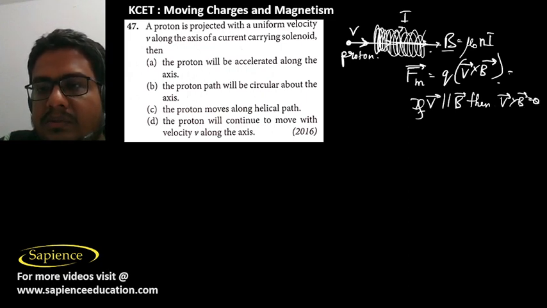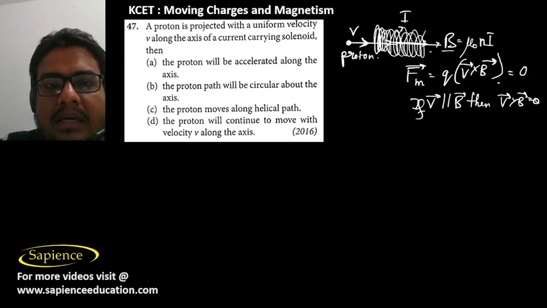So there is no net magnetic force on the proton here. Since there is no force, it will not be accelerated. So it will continue to move with that same uniform velocity v along the axis. So option D is the correct answer.